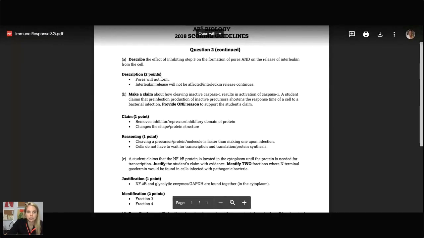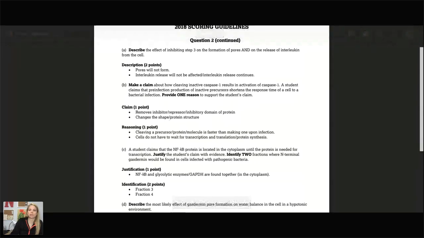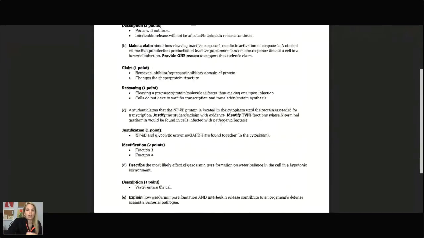Part B said to make a claim about cleaving inactive caspase 1 results from the activation of caspase 1. A student claims that the pre-infection production of inactive precursors shortens the response time of a cell to a bacterial infection. Provide one reason. So the claim about cleaving inactive caspase-1, it removes the inhibitor domain of the protein.